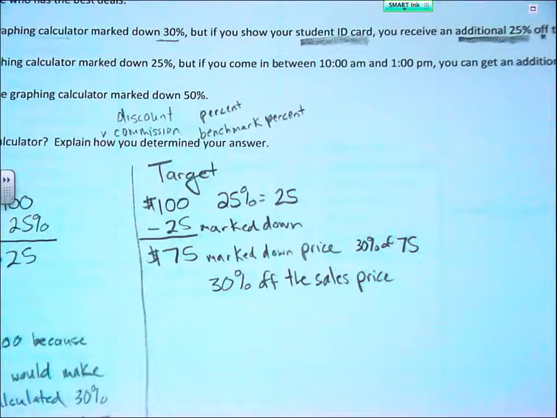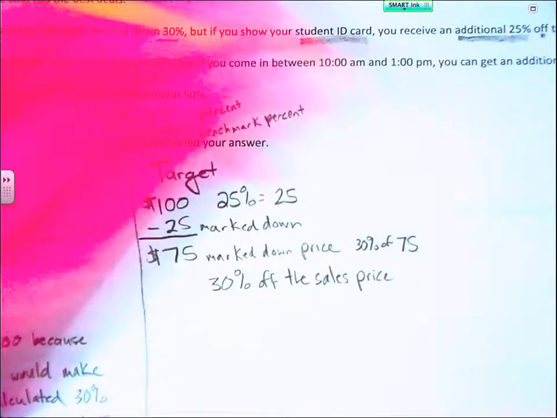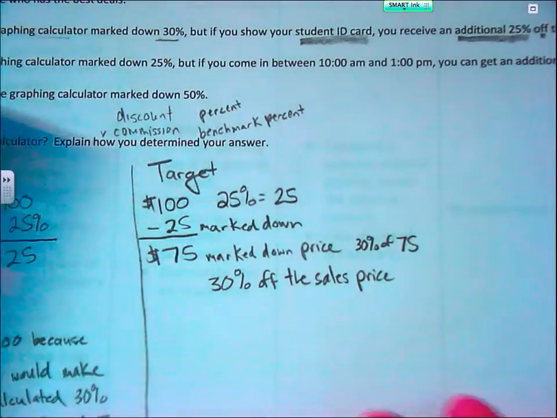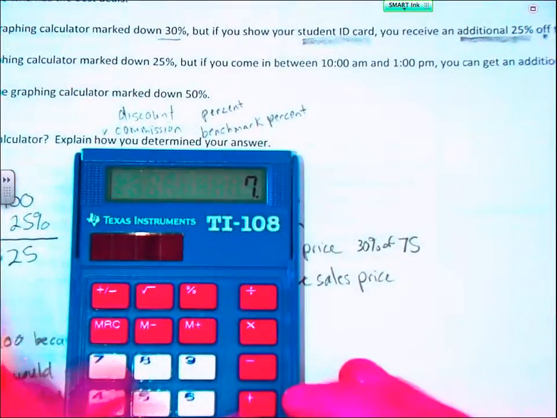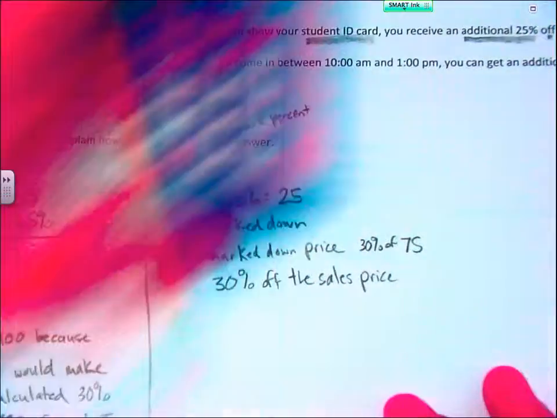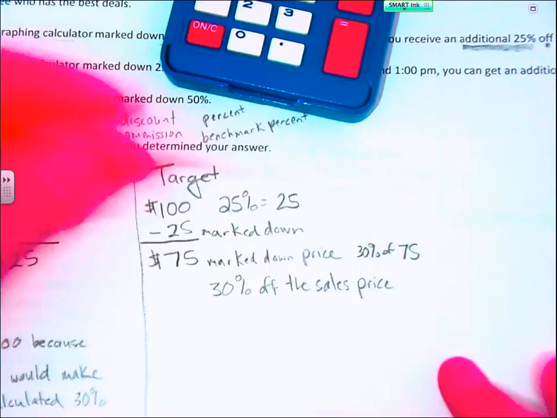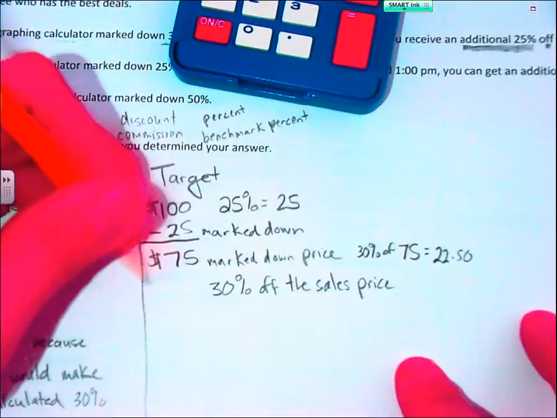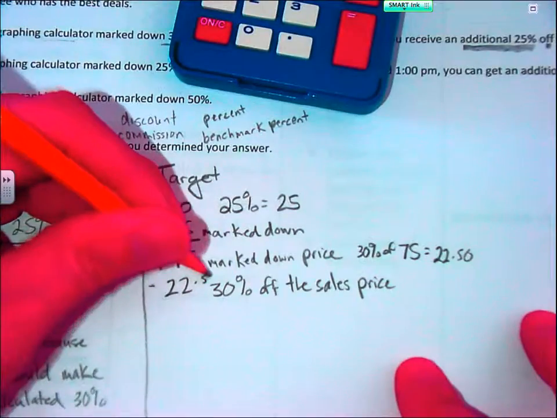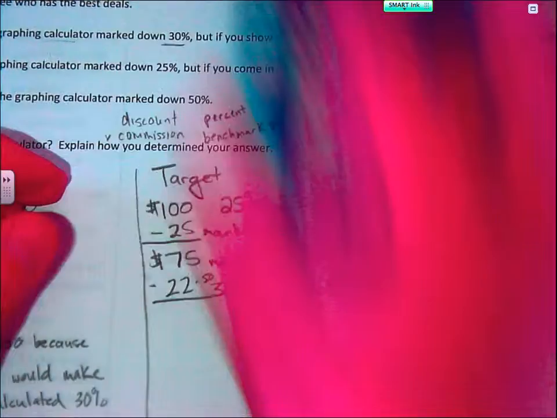Well, I've done these problems before. I can do a couple of things. I could figure out what 70% of $75 was, and that will be my answer. Or I can figure out 30%. It's going to be 21, something like that. 0.3 times 75. Oh, 22.50. And so I'm going to subtract my $22.50 from my sales price.